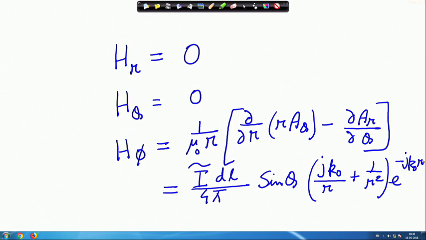Now, we will modify it because here are k naught by r terms. We do not want that, we want 1 by r square like terms.